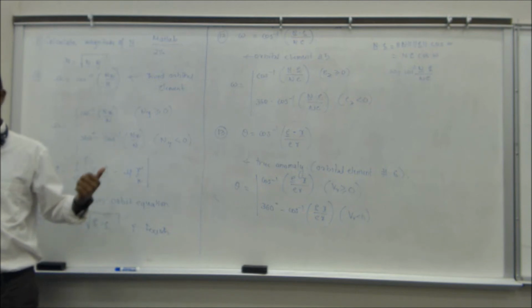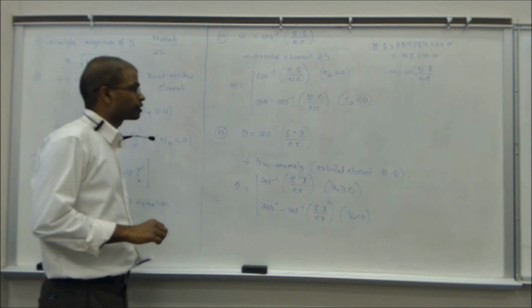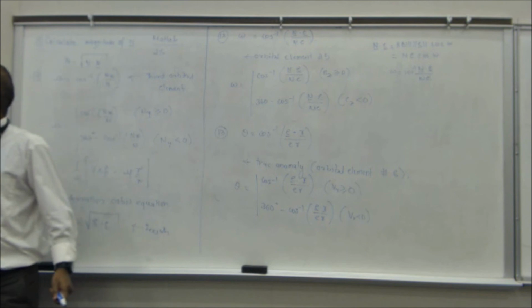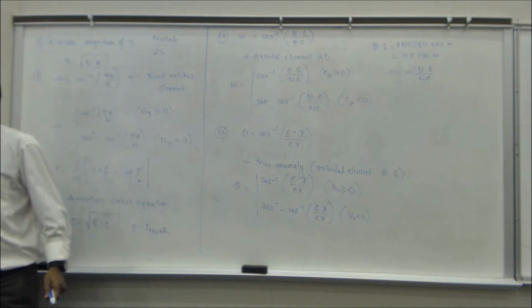One thing I would like to stress: we identified the orbital elements, which are E, I, small omega, cap omega, and theta.